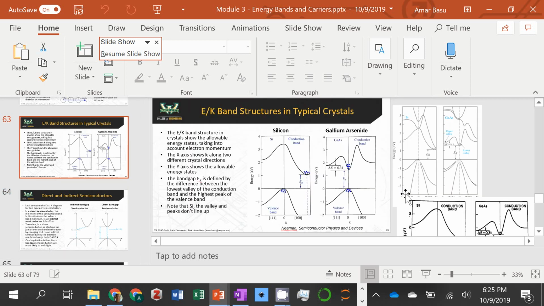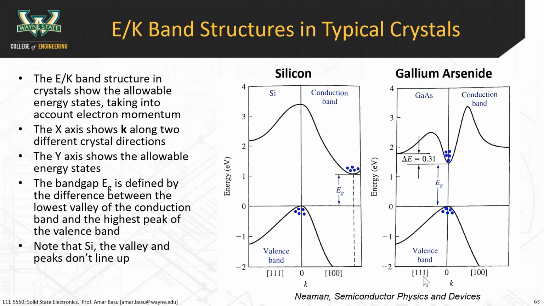In this slide from the last module, we said that one of the things that distinguishes indirect from direct bandgap semiconductors is that the minimum of the conduction band, which is where most of the electrons are at, aligns with the top of the valence band where most of the holes are. So in a direct bandgap semiconductor, the electron just has to transition in energy.